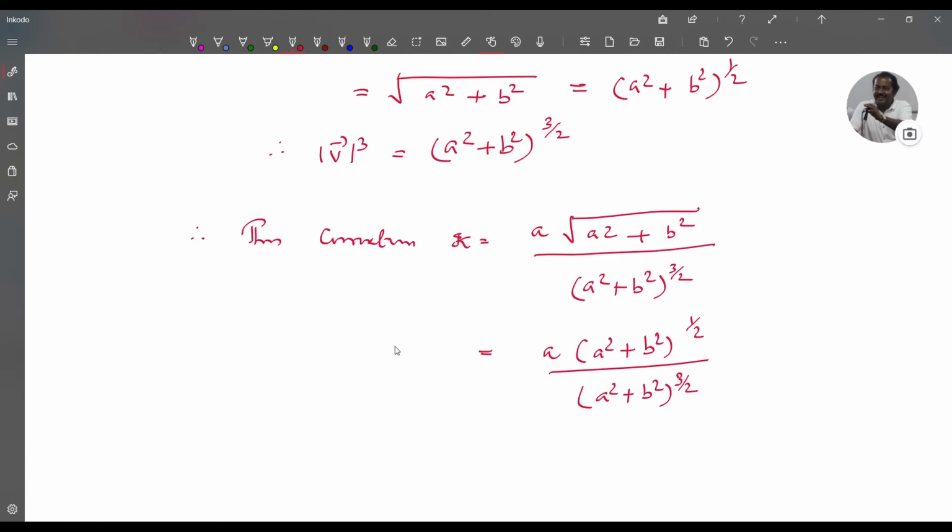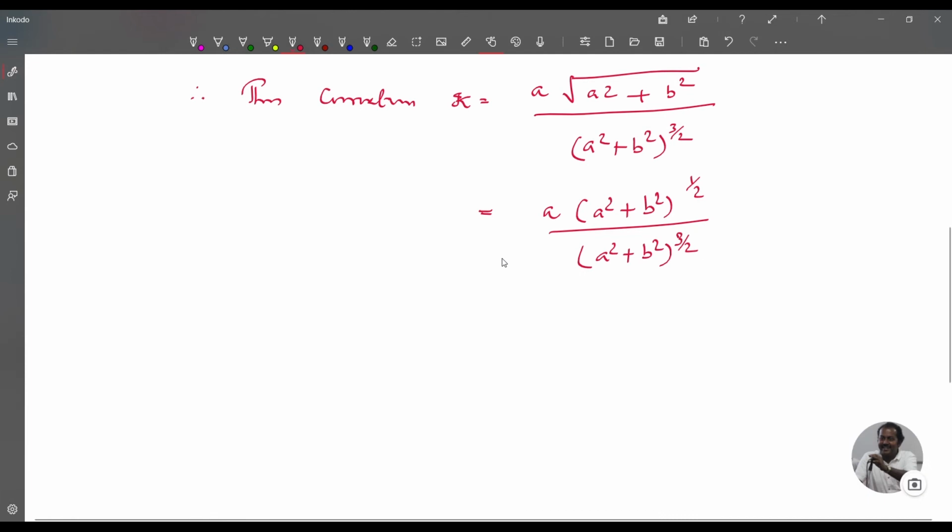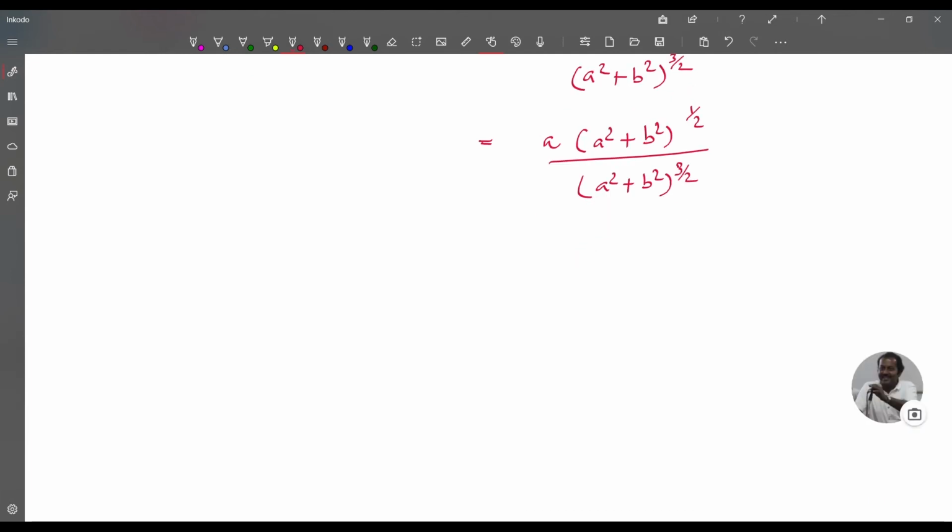That is equal to a into a square plus b square whole raised to 1 by 2 minus 3 by 2. So this is a into a square plus b square the whole raised to minus 2 by 2.